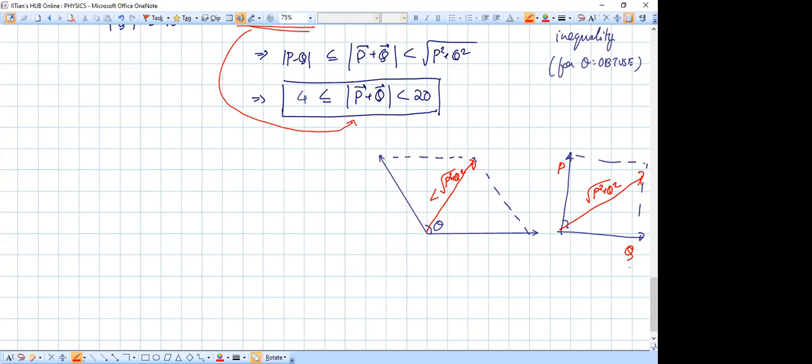Yeah, Kunal, what do you think? But option 3 can be, so C can be made from the equation. Yeah, I mean, if you put it as 10, then you will see that you will get some obtuse angle. Whereas if you put it as 20, you will see you'll get the angle as 90 degrees. Now, if you put it as 25, you'll get an acute angle. You'll get cos theta as positive.